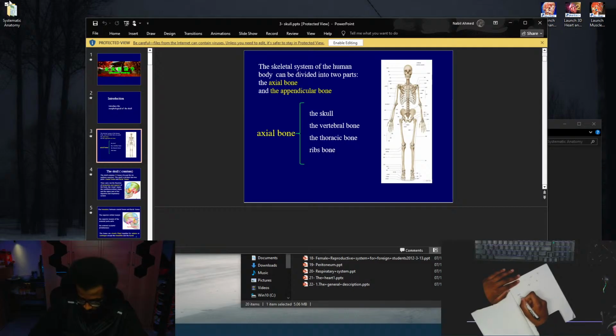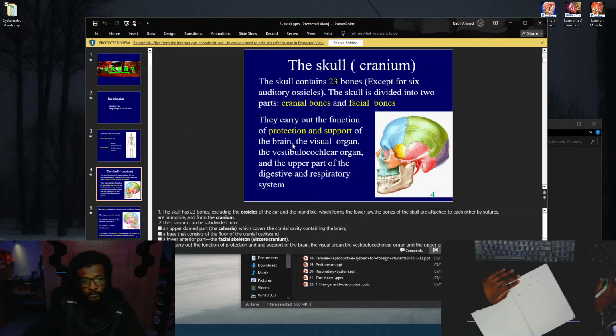So the skull, we can divide it into cranial and facial.